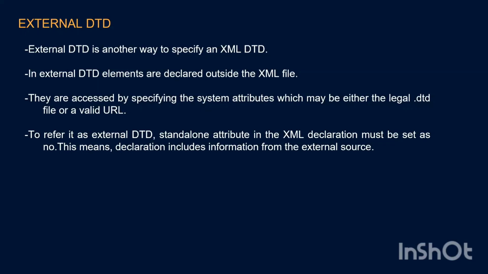For any XML document, the standalone attribute is generally declared, and for external DTD, the standalone attribute is declared as no, because no indicates that the XML file needs data from outside. And the .dtd file contains only DTD declarations in it.